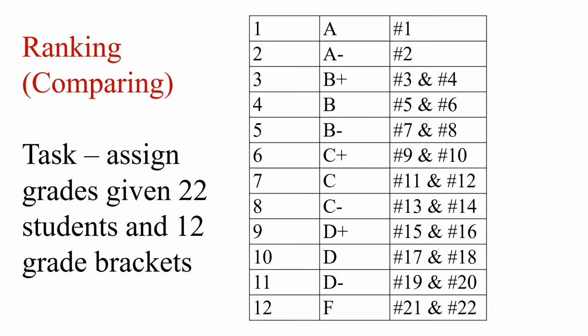And then the third and fourth student by score would then get a B plus. And the 5th and 6th student would get a B, and all the way down. And as I get to the bottom, number 19 and 20 in the ranking get a D minus, and the bottom two, 21 and 22, would get Fs.